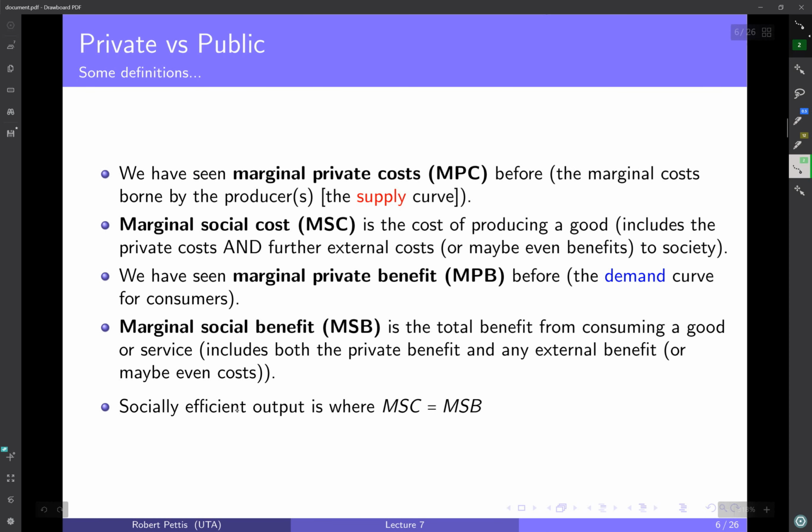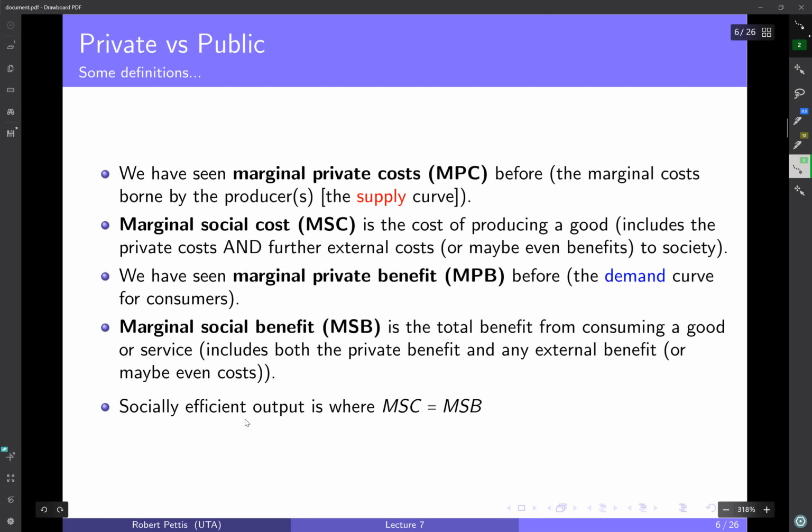Right, so in order to try to tackle this problem, we're going to have to go over some definitions. A couple of these we've seen all semester long. We're just going to call them something different in order to do this analysis. The first thing is, we've seen the supply curve before, right? We know that we derived the supply curve from the marginal cost curve.